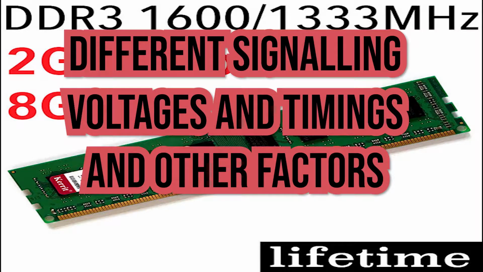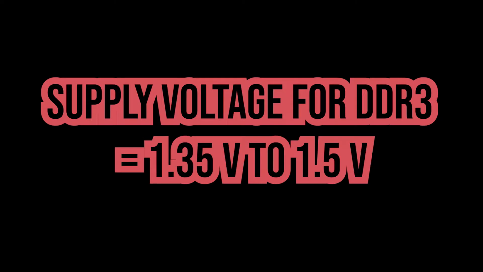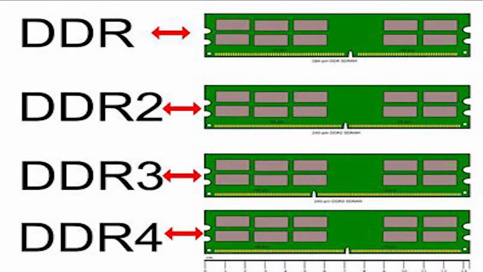So, let's talk about the more technical aspects of DDR3. The supply voltage for DDR3 SDRAM is from 1.35 volts to 1.5 volts. DDR3 DIMMs have 240 pins and are electrically incompatible with DDR2.